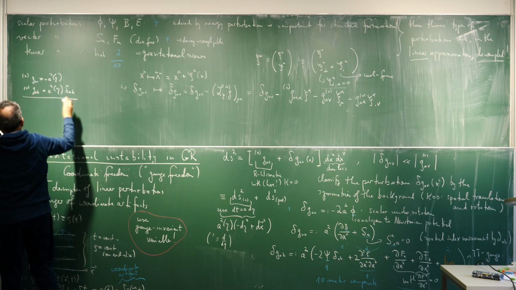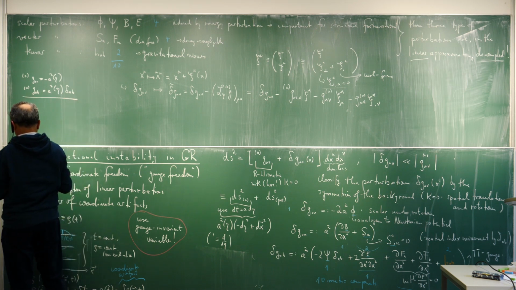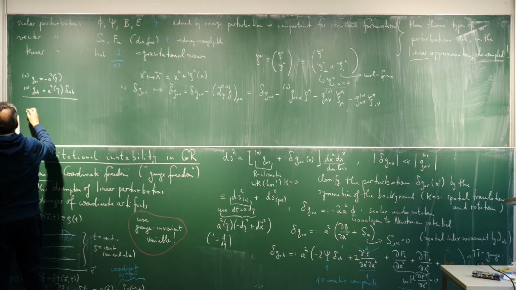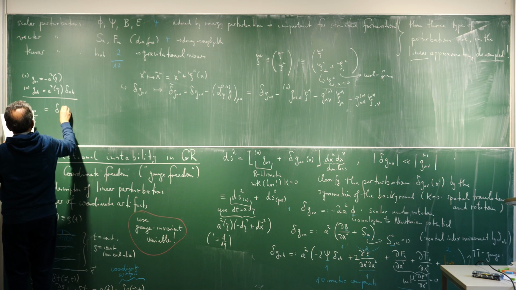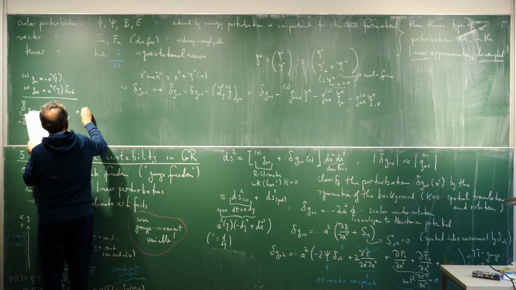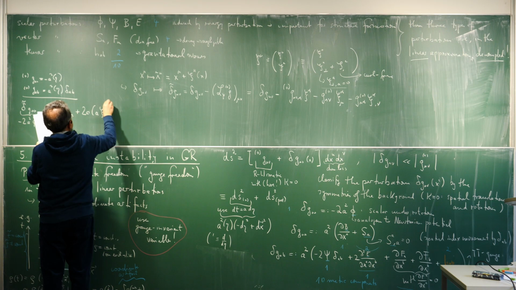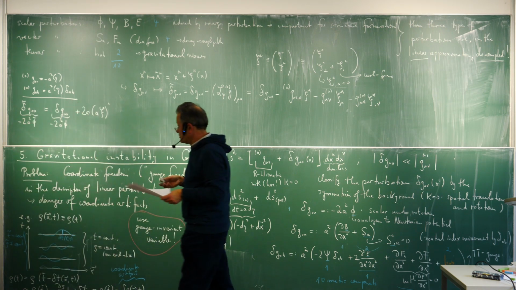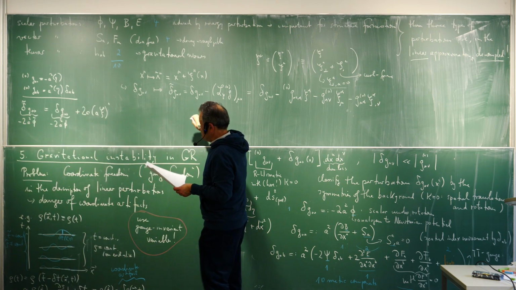And with that we have delta tilde g00, which we call minus 2a squared phi tilde, is delta g00, and this is minus 2a squared phi plus 2a psi 0 prime. The derivatives are with respect to the conformal time.